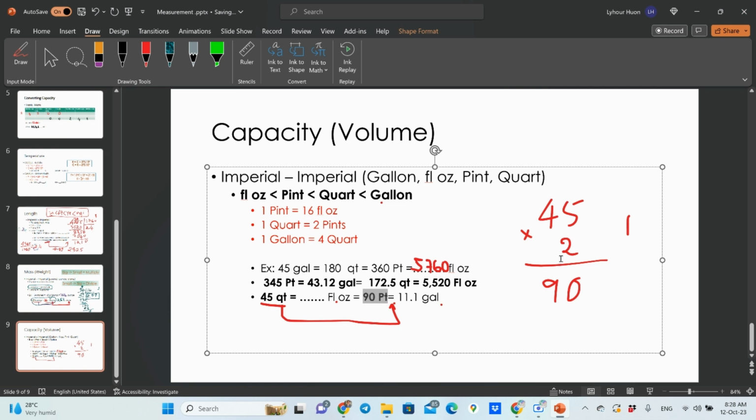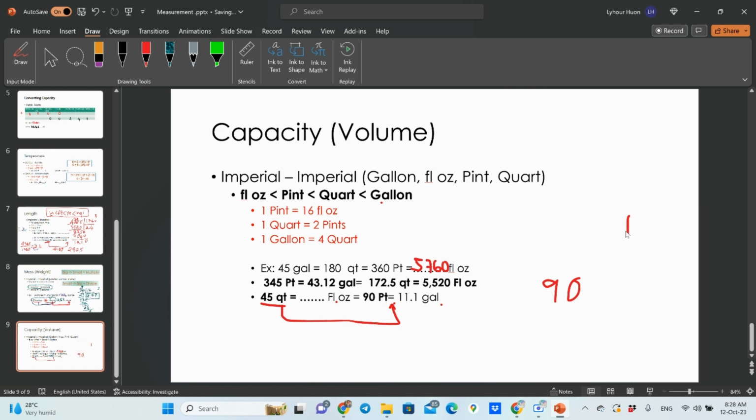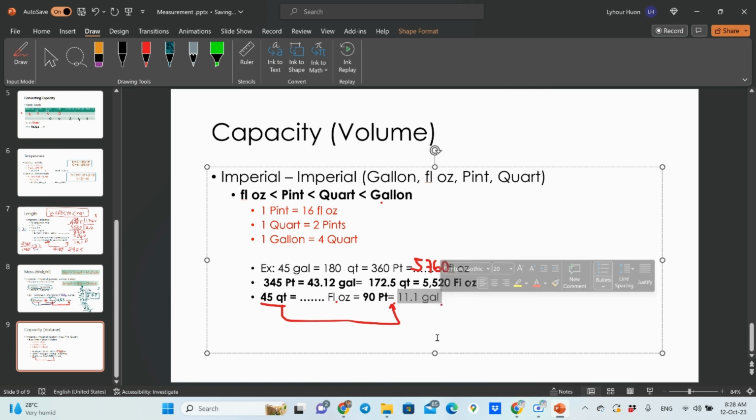Okay. Now we have pints. Can we find the gallons? Okay, let's do gallons first. Oh, my bad. Now, pints to gallons. Isn't it pints to fluid ounces? So let's check what you have the answer for first.